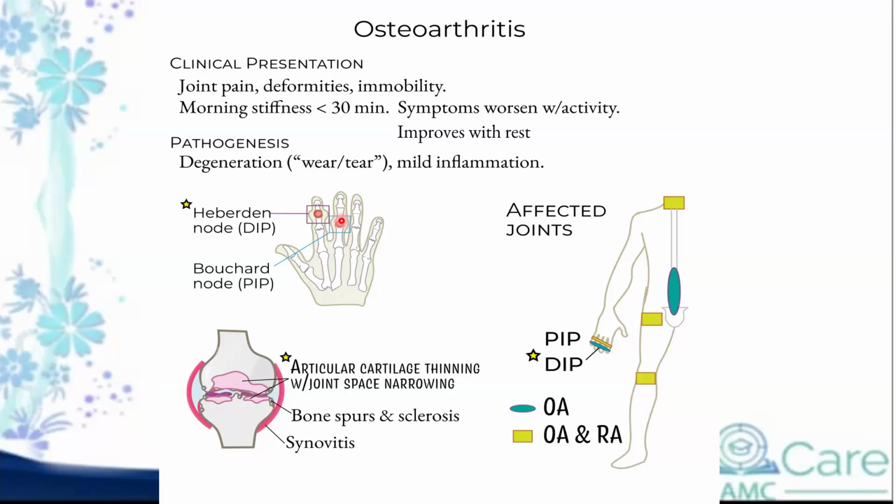It's palpable on the outside. As you can see here, the outline of this finger is jutting out. So it's a palpable enlargement, a nodule. Heberden's in the distal, Bouchard's in the proximal. The joints affected in osteoarthritis are mainly the distal interphalangeal joints, right?